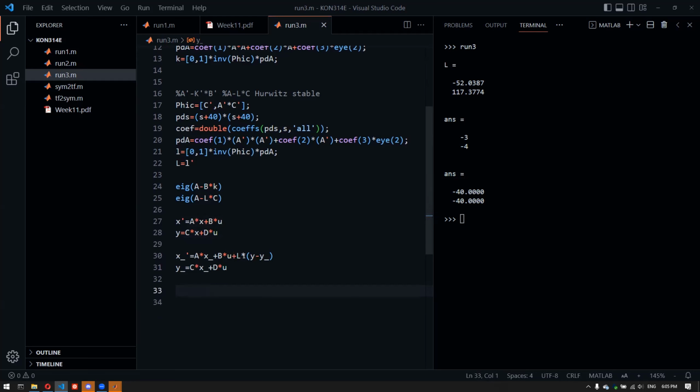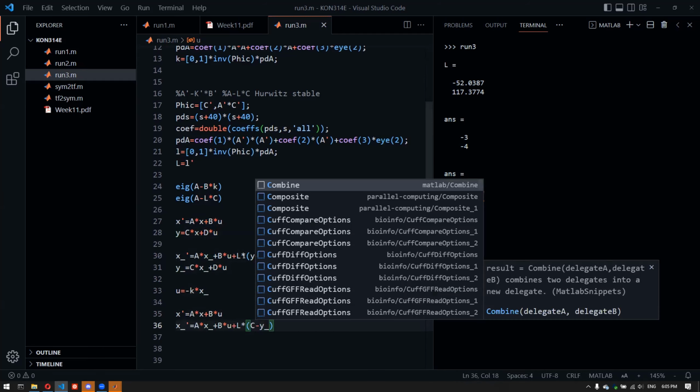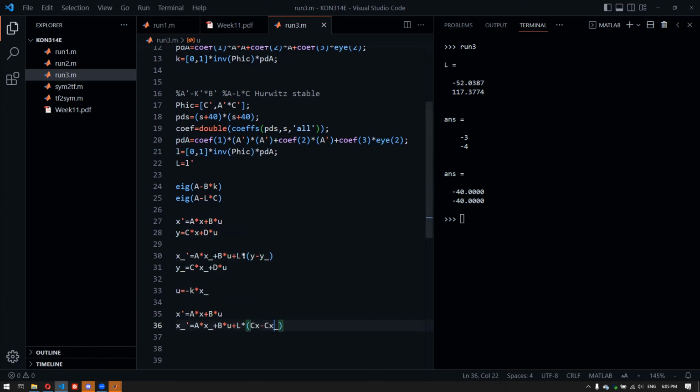So if we combine all these equations into one, I'm going to eliminate these output vectors first. Let me just take this state vector here and the state equation here. And this is C times X, and then this will be C times X underscore, where C can be factored out.